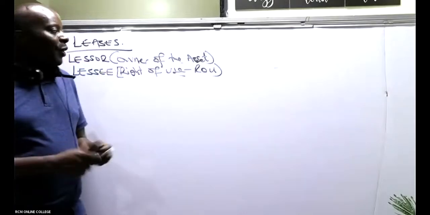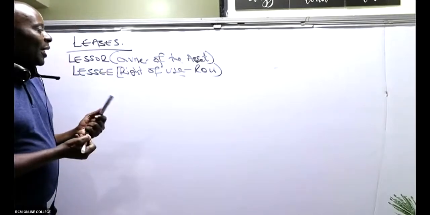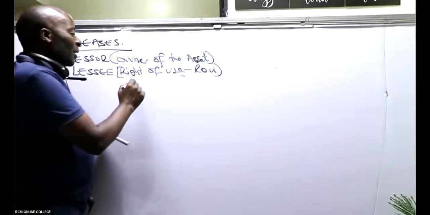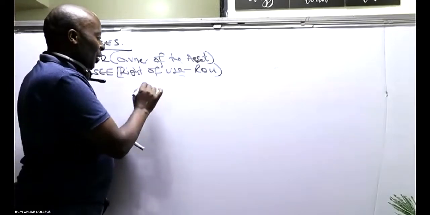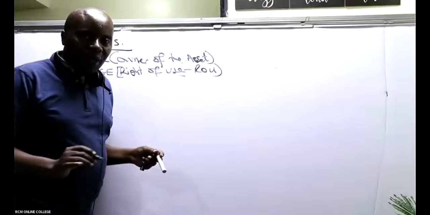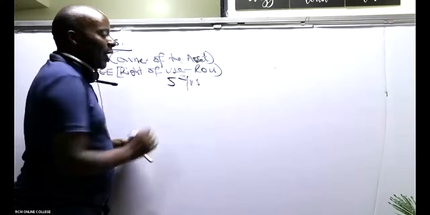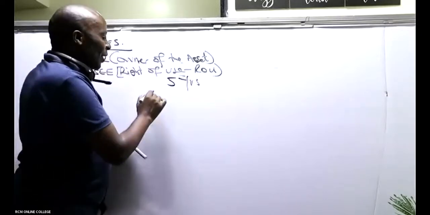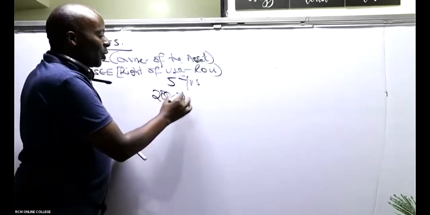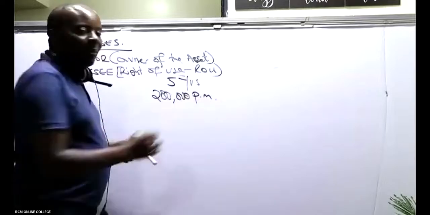And if you remember very well, if somebody, for example, like us at RCM, gives us some space, like in our case, we have a lease of 5 years, and we are paying averagely 200,000 shillings per month.